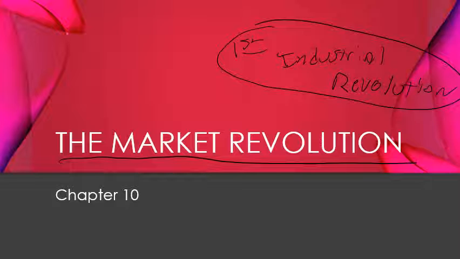But it begins a little bit during this first industrial revolution. In the United States, we tend to call it the market revolution to differentiate between the first and second industrial revolution. And in this chapter, we're going to focus on both some economic and social impacts of the market growth and market changes that occur over this time.